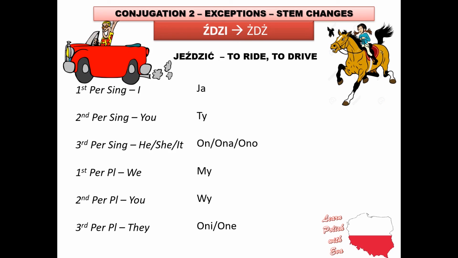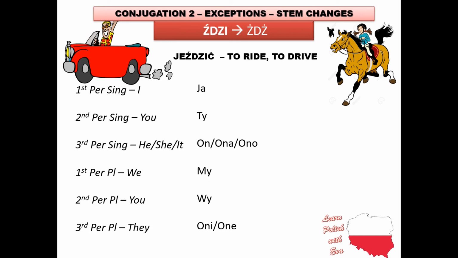Another verb, this time from the stem change of zdzi to zdż. What we should notice is that zdzi is a soft sound, whereas zdż is a sharp sound, okay? And we do the same thing as always when we conjugate this verb that I've chosen for you, jeździć, which is to drive, to ride, okay?